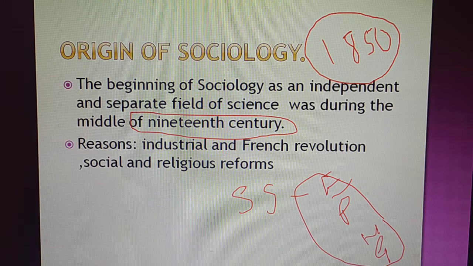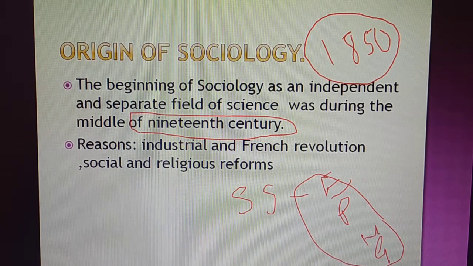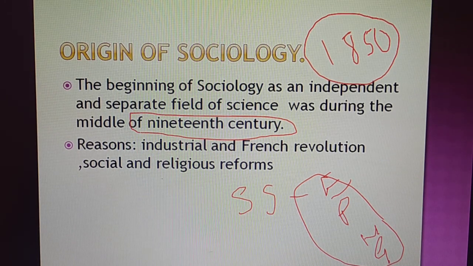This sociology originated in the middle of the 19th century, that is 1815 onwards. Now let us understand the main reasons why. First of all, the Industrial Revolution, which should be mentioned here, is the main cause.